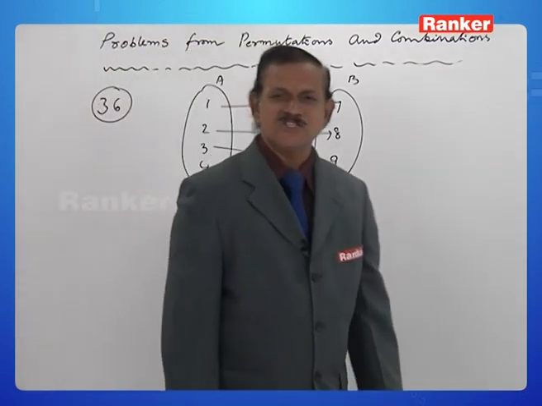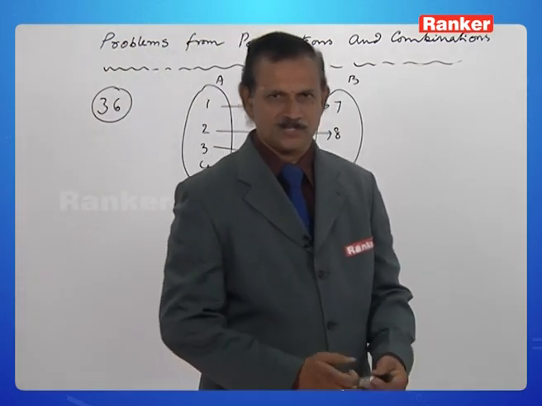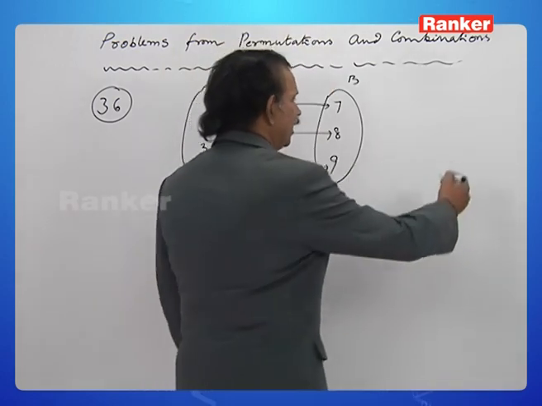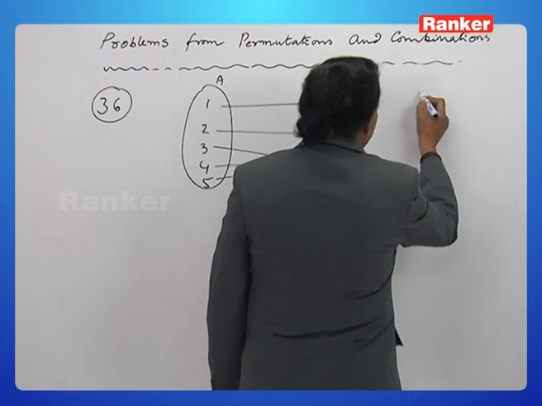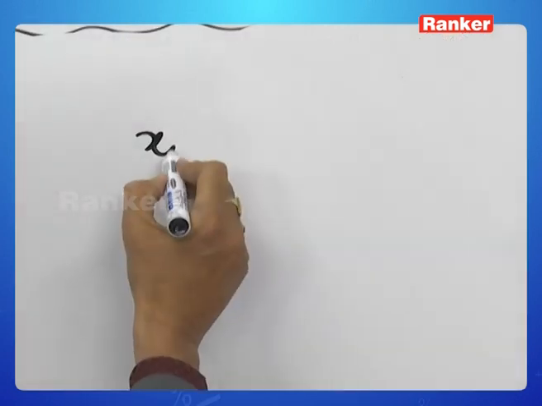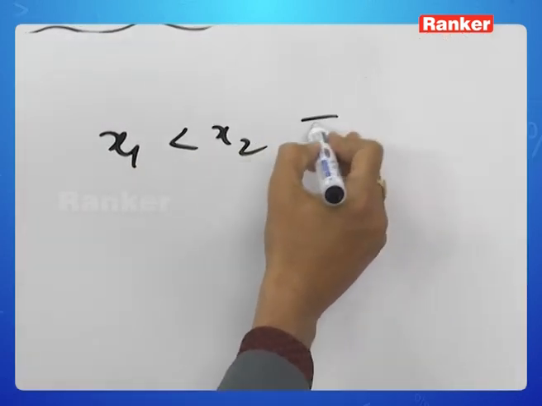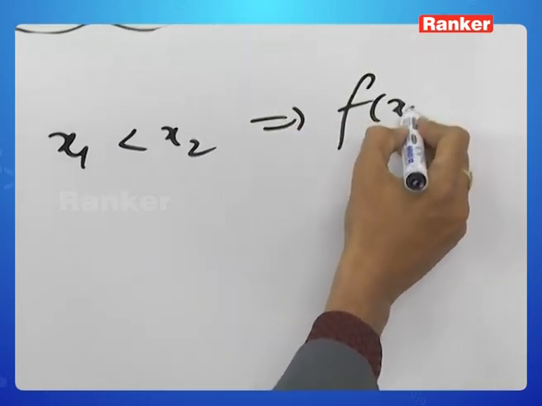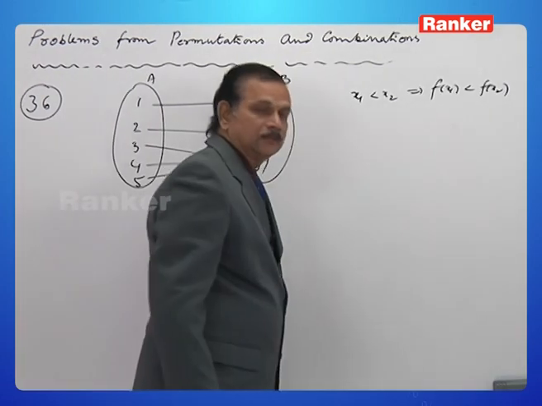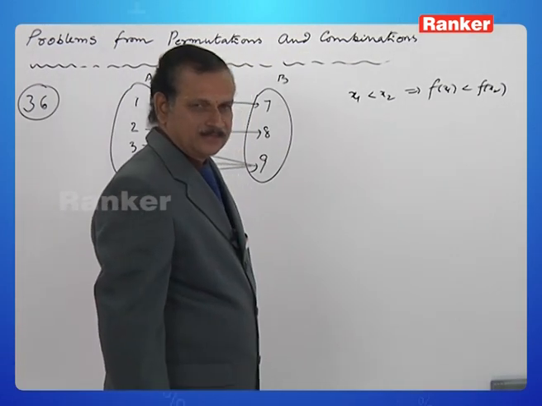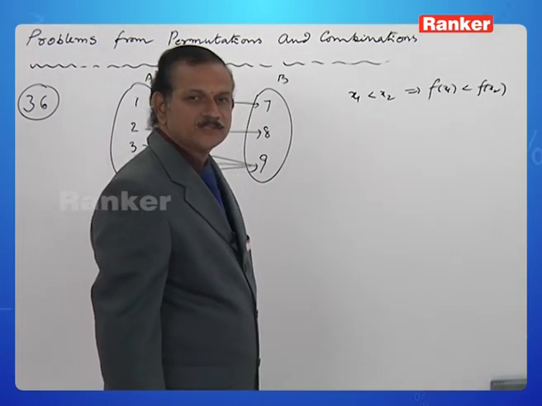By the by, what is a non-decreasing function? If there is a function, say f, x1 less than x2 implies f of x1 less than f of x2. That is the character of a strictly increasing function.